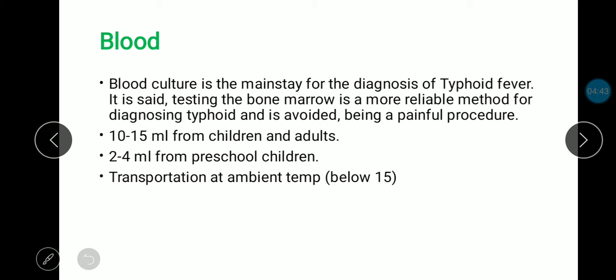Transportation of this sample is at ambient temperature, below 15 degrees centigrade.